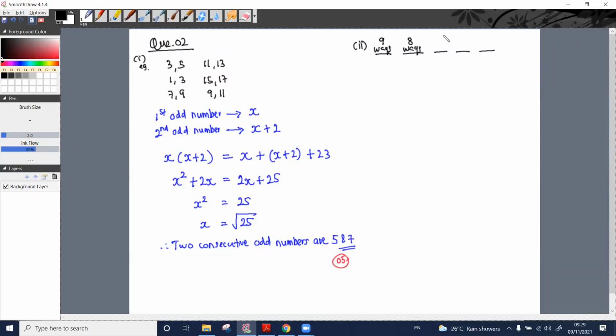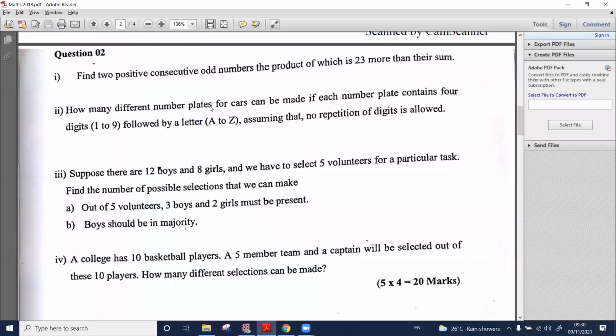For the third place, only 7 remain, and we can select any of those. For the fourth place, we have 6 ways. Then 4 digits are placed, followed by a letter. How many letters are in the English alphabet, A to Z?